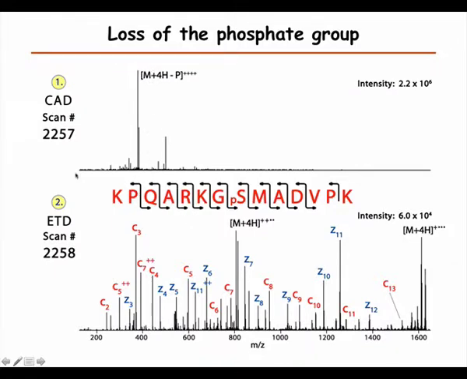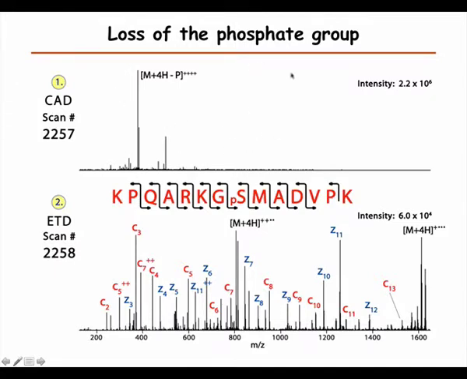But if we switch to another type of excitation, electron transfer dissociation, in this case an electron is transferred and that gives the energy, we get a much richer fragmentation. The reason for this is that the phosphorylation is easier to break than the peptide backbone.